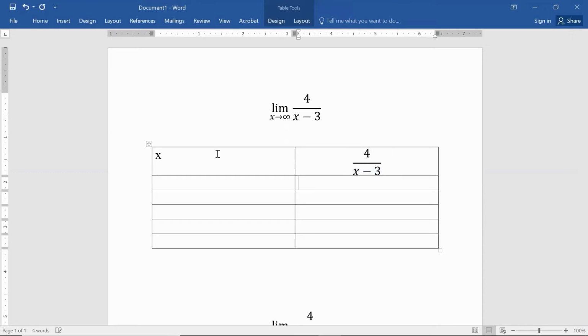When we say x approaches infinity, we just mean that we're going to plug in bigger and bigger values in for the x. So what we're going to end up doing is typing in bigger and bigger values.